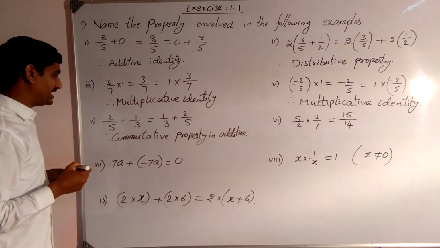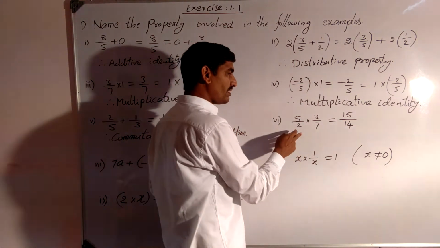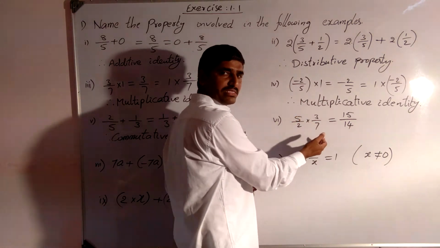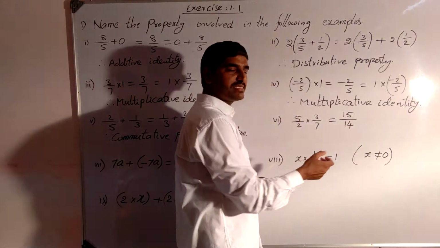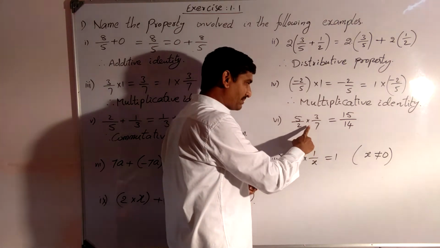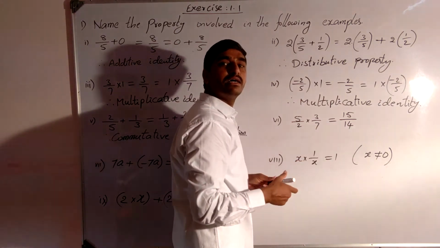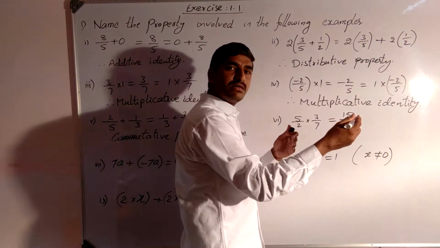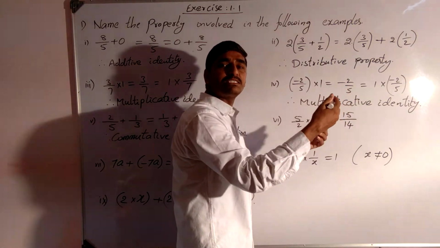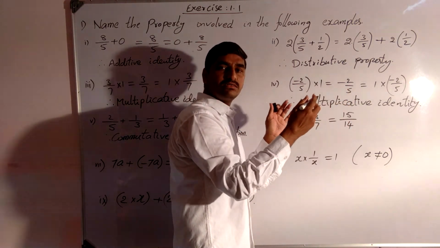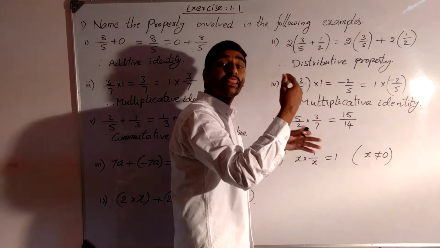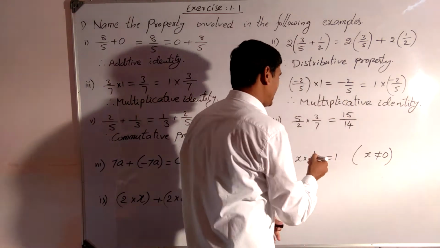This is one number into a second number, and we get the result. By multiplying these two terms, this gives the result. Whenever we get a result, like a plus b, 2 plus 3 is 5, 7 plus 6 is 13, it is the closure property.